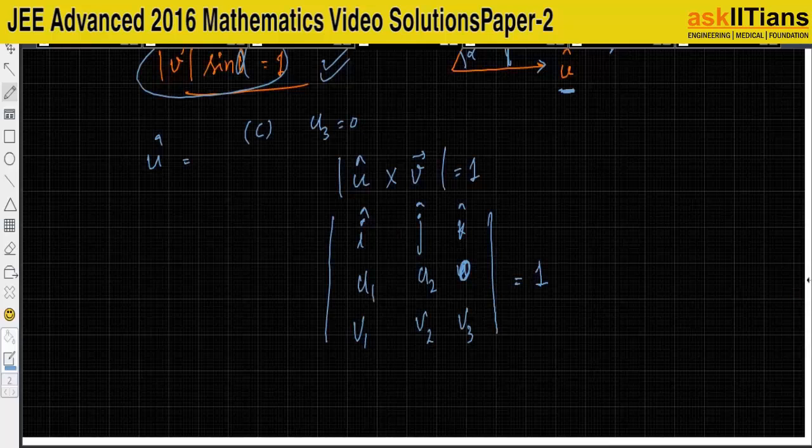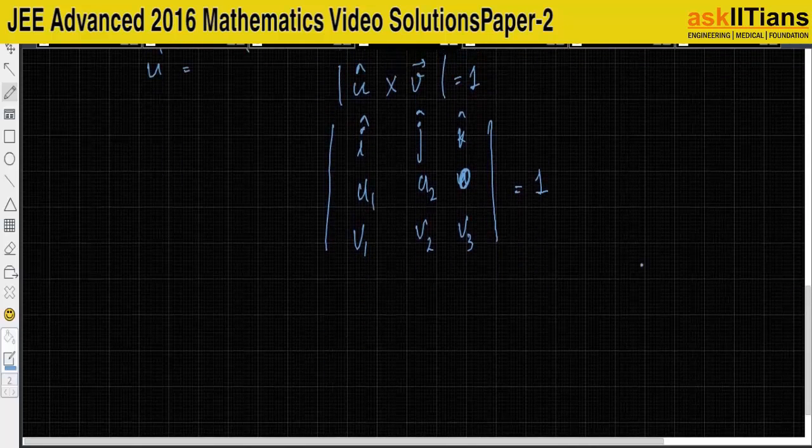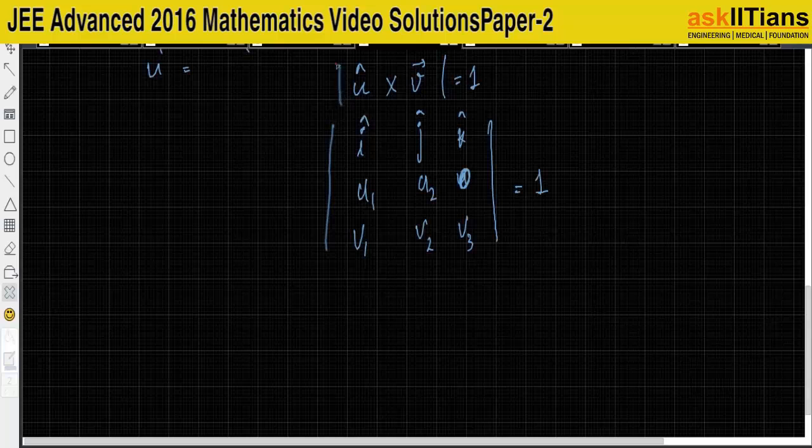This magnitude should be 1. So u cap cross v is equal to w; whatever vector comes out from here should be equal to w.